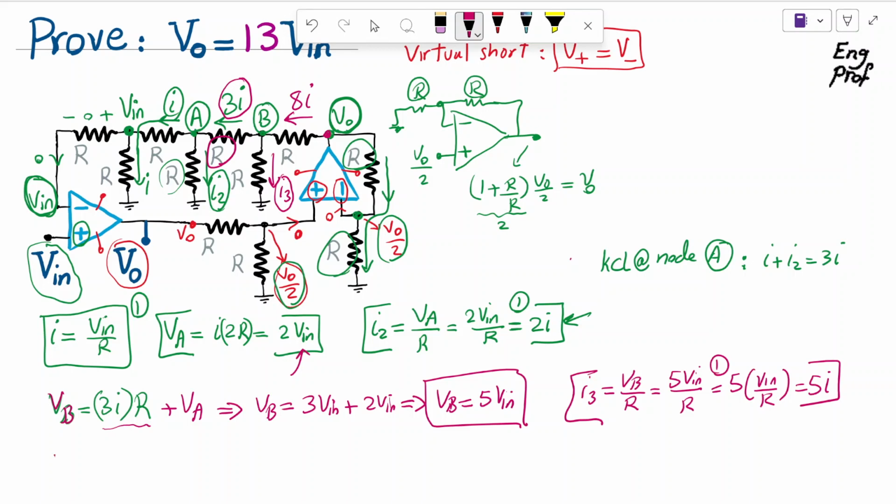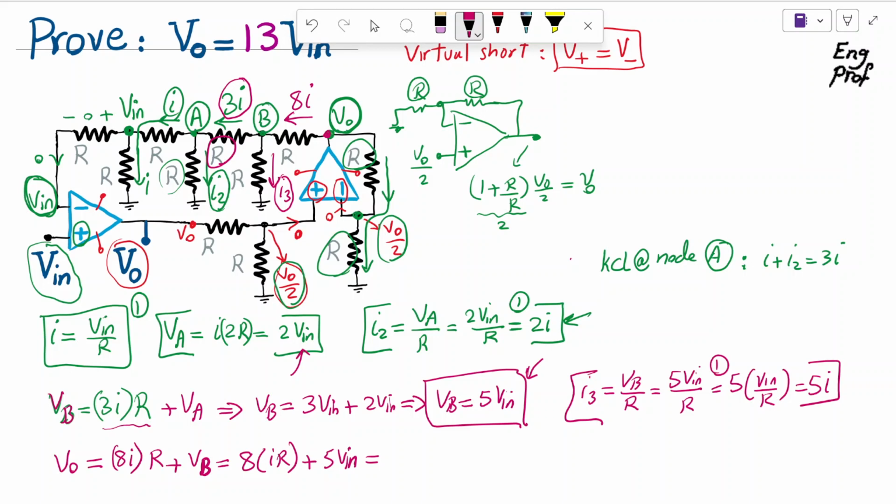So therefore, finally, what is V out? V out is equal to the 8 times I that is going through resistor R plus VB. So it becomes 8 times IR plus the voltage at node B, which we just found to be 5 V in. Great. Okay, but from equation 1, V in is IR.